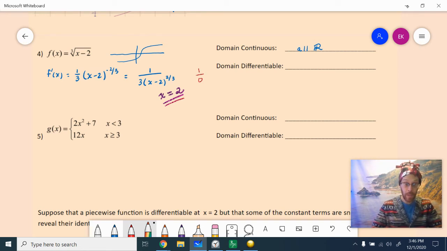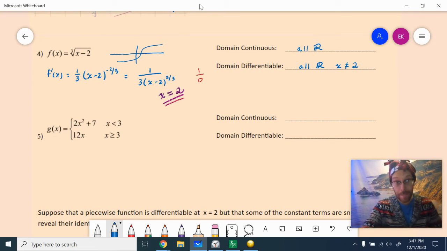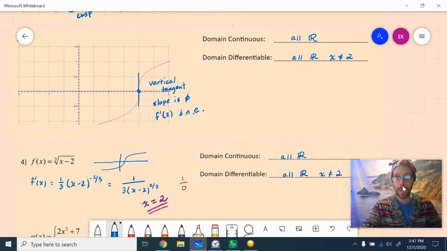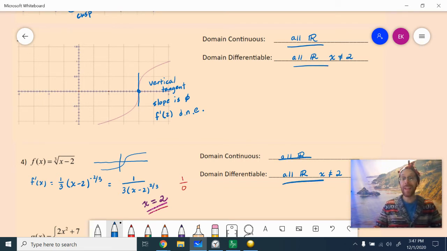That's bad. So this is another situation where it's fine for all real numbers except x cannot be equal to 2. In fact, fun fact, this equation that I gave you right here is the exact same graph that I gave you in number 3. So you'll notice that we got the same answers here and here. That's good because they're the same function.